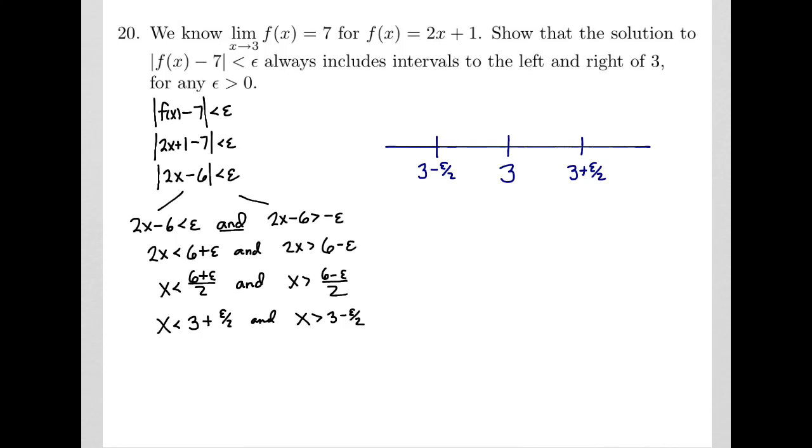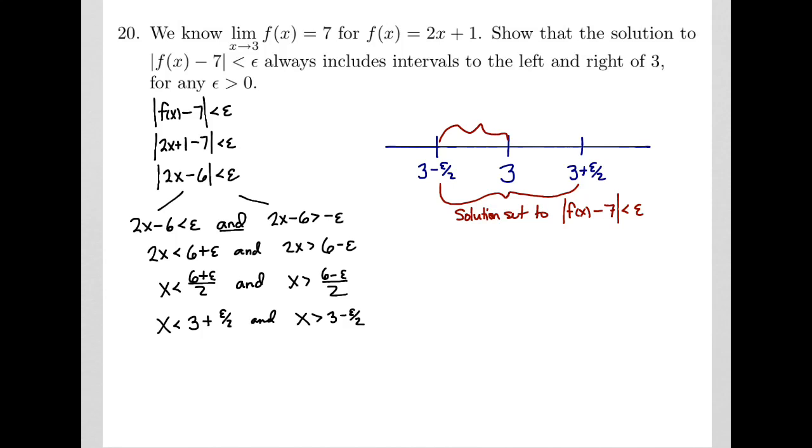And so my solution set is the interval of all things in between. Solution set to the problem, when is my error of approximation less than epsilon.